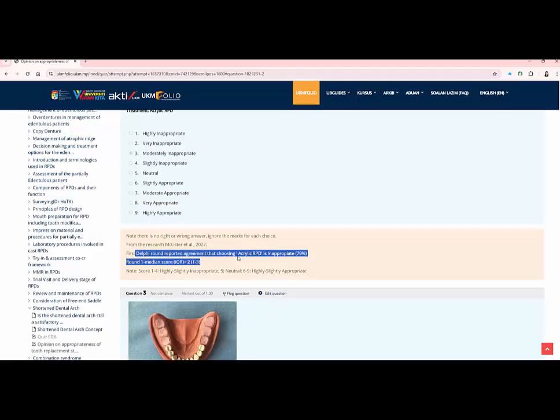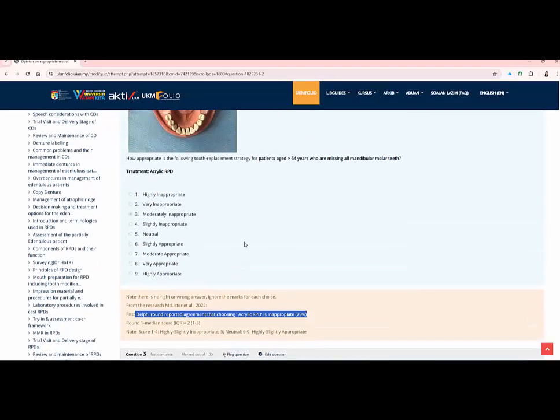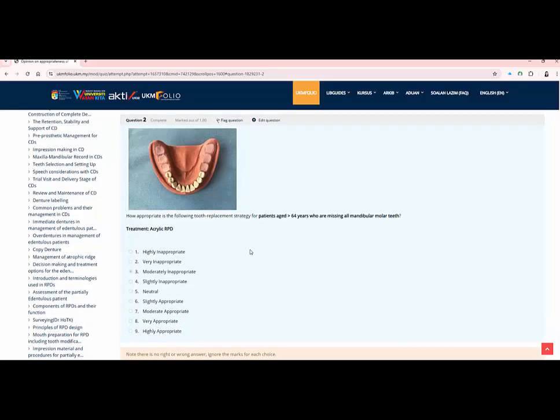They found that acrylic partial denture is inappropriate, with 79% of them agreeing, and the mean score at 2. So a lot of people chose very inappropriate. There's no right or wrong answer. It's just that you see whether your treatment choice is similar to the 20 experts in the UK or not.